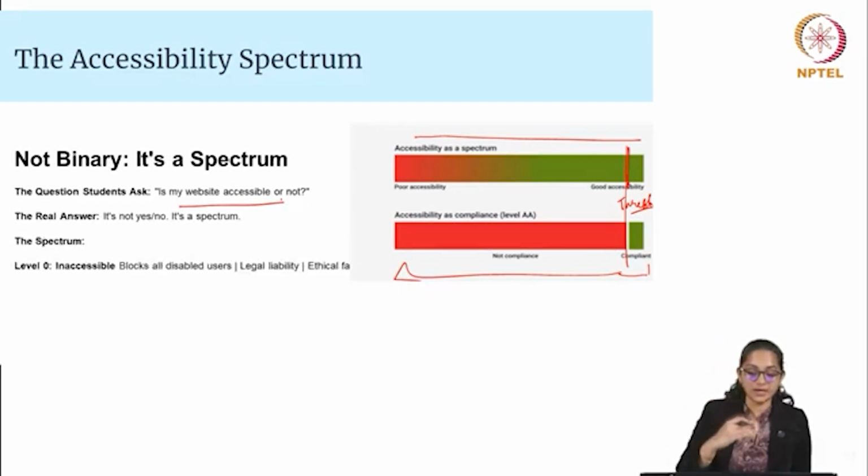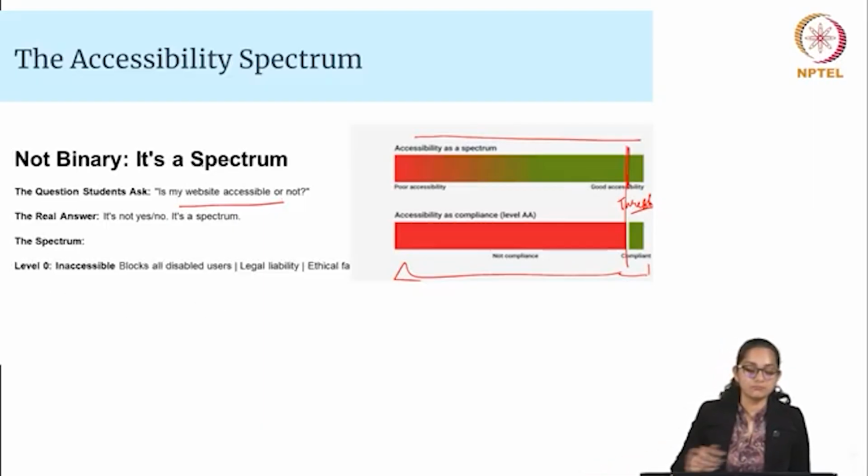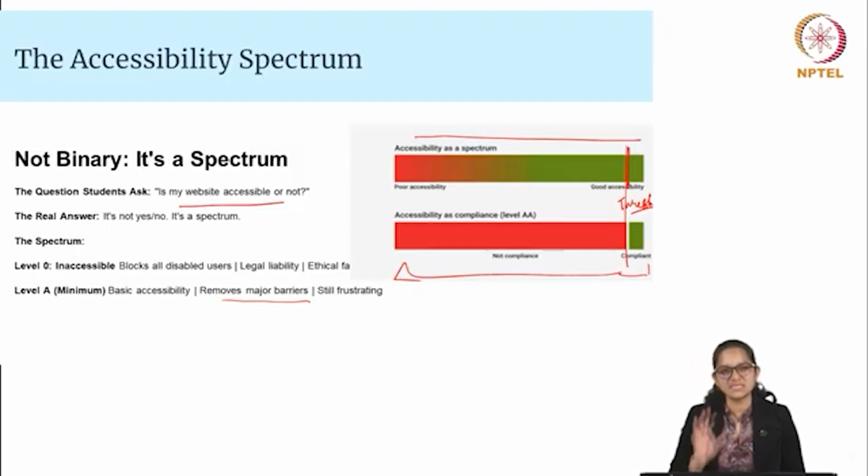At level 0, it can be blocking all disabled users. At level A, minimum basic accessibility, it removes major accessibility barriers, but ease of use is still not there, so it may still be frustrating.